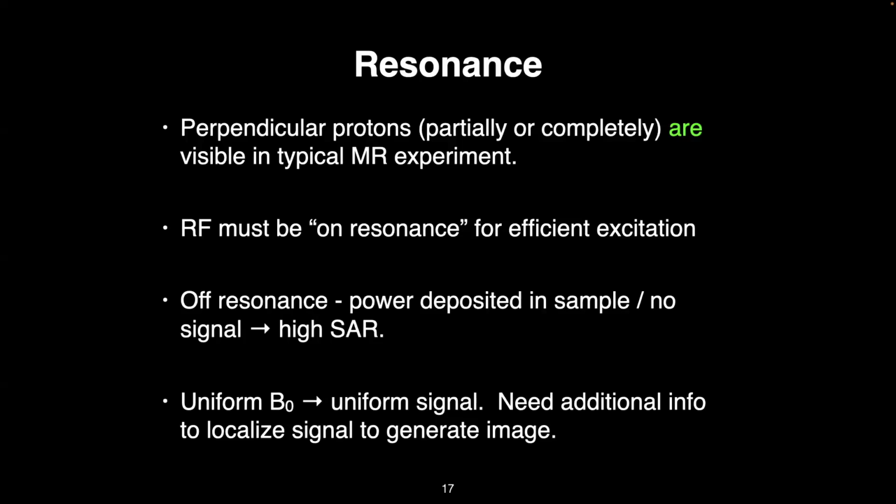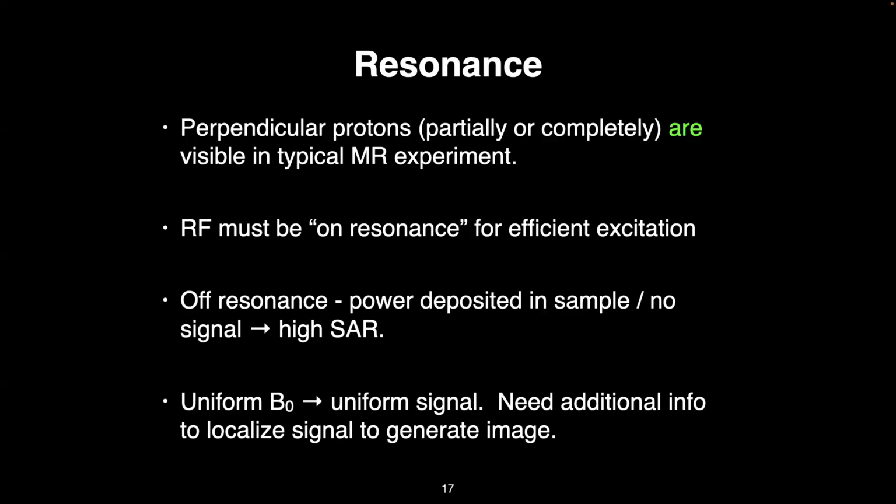If you're off resonance, you're essentially wasting energy putting it into the system, but it's not doing anything with the protons. And this can actually lead to heating. In MR terms, we call this SAR. So even if you're doing everything perfectly, you end up losing a little bit of energy as heat in your subject or sample, but you really want to minimize this.